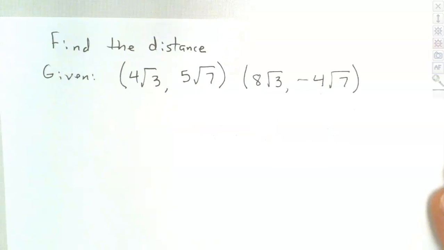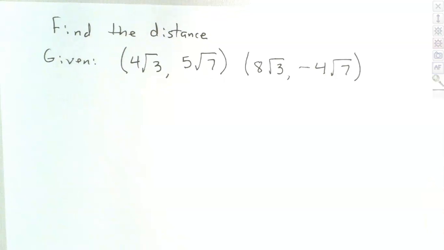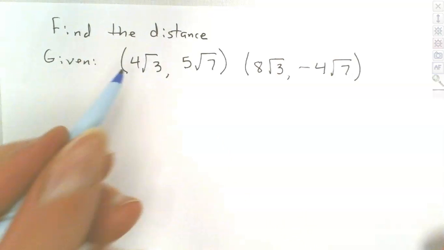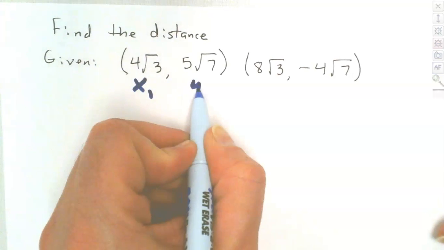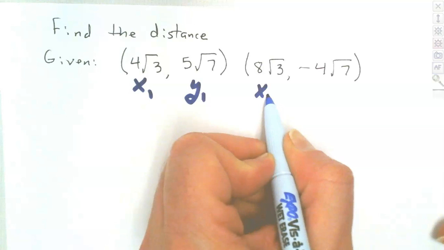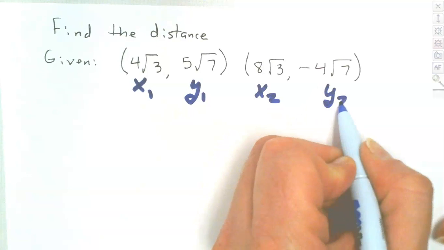So what I've got is 4 square root of 3 and 5 square root of 7 for the first set. And then I've got 8 square root of 3 and a minus 4 square root of 7 for the second set. Label x1, y1, x2, and y2.